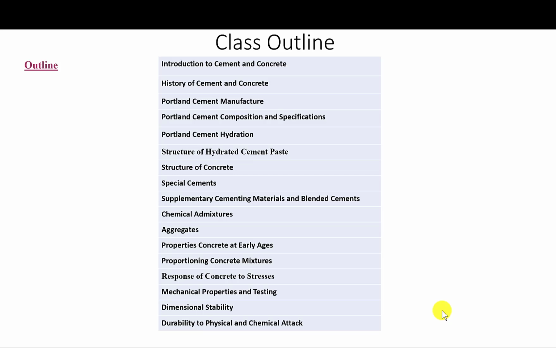Of course, the structure of the concrete, once we add aggregates to the cement paste. We will study the different types of cements, the special cements. We will talk about the supplementary cementitious materials and blended cements, chemical admixtures. We will study aggregates, of course.